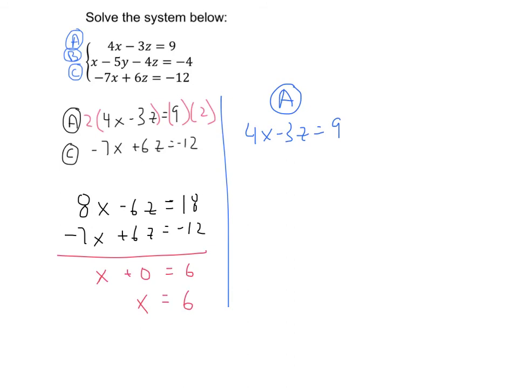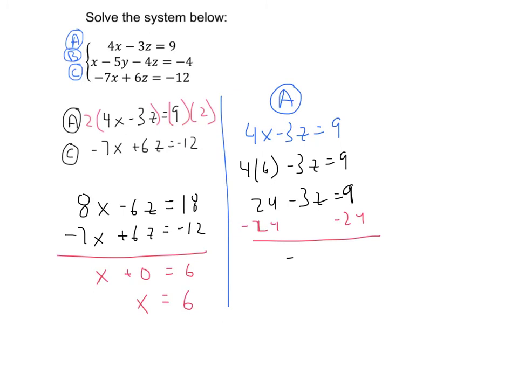I'm going to replace x with 6. So 4 times 6 minus 3z is equal to 9. That gives me 24 minus 3z is equal to 9. Let's subtract 24 from both sides. That gives me negative 3z is equal to negative 15. If I divide both sides by negative 3, I get a z value of positive 5.